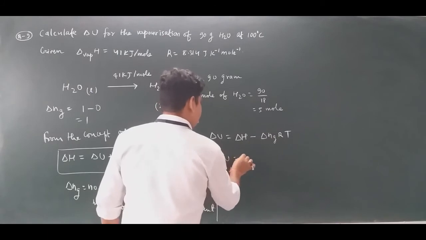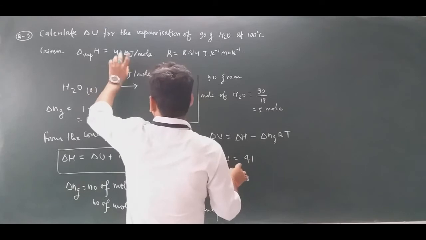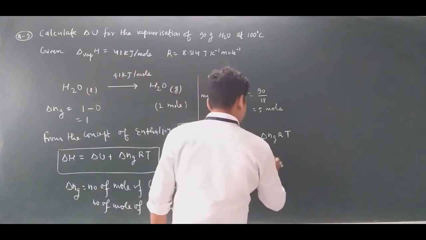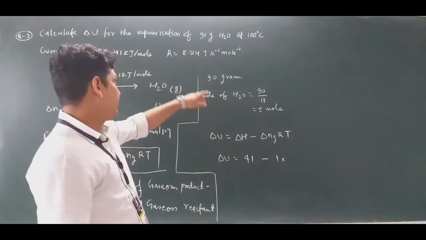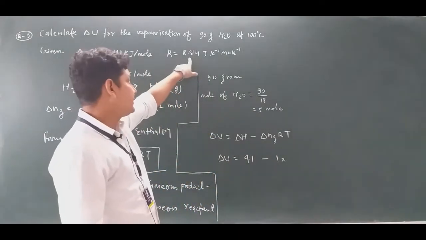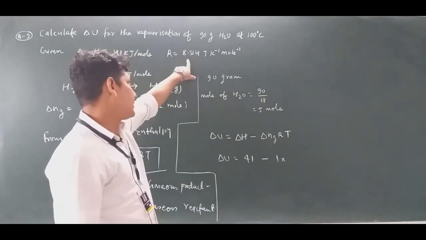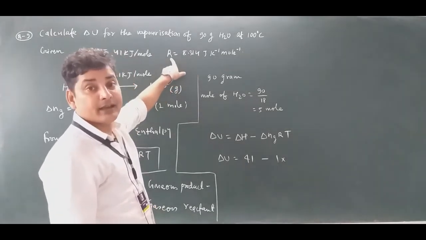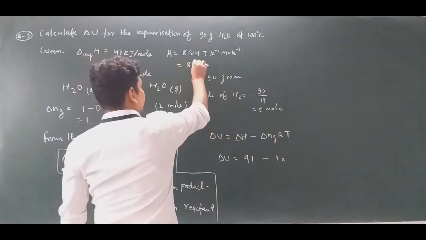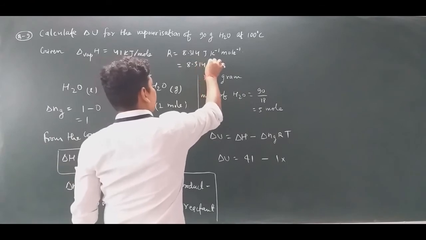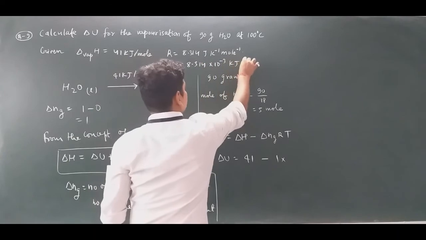So this is delta H, 41 kilojoule per mole, minus delta n g times R. Here we have to remember that the value of R is 8.314 joule per Kelvin per mole. But if you want to write this R in terms of kilojoule per mole, we can write 8.314 into 10 to the power minus 3 kilojoule per mole.